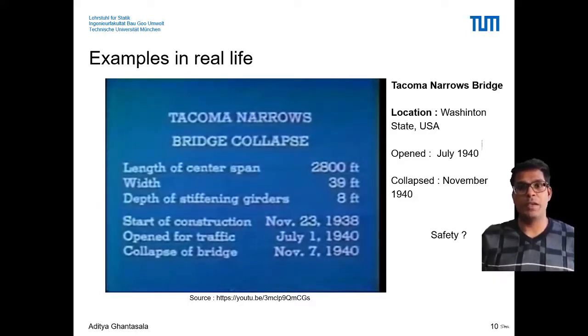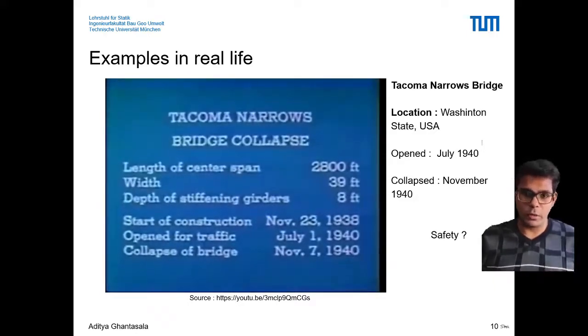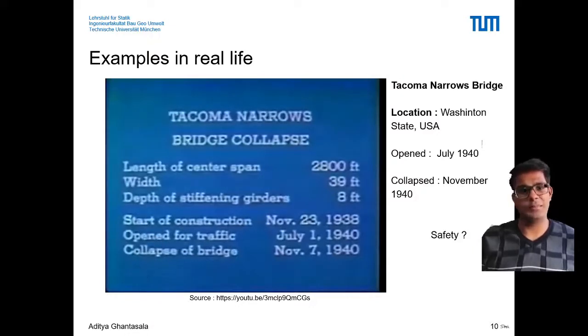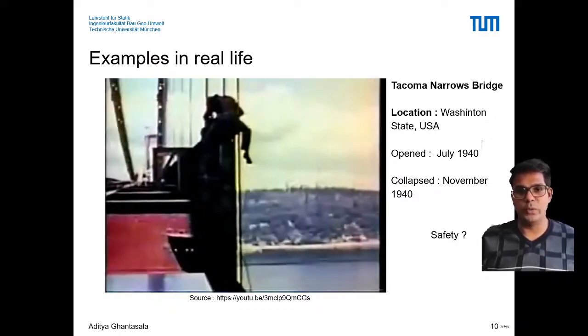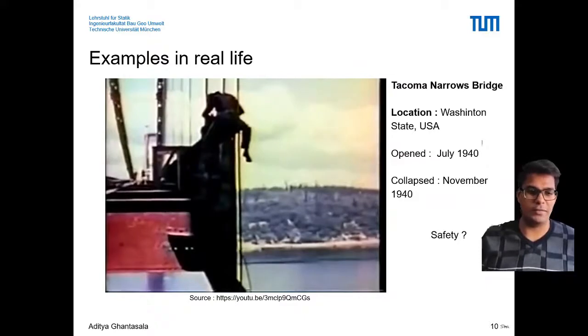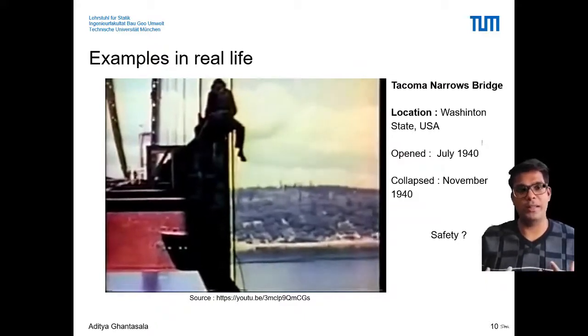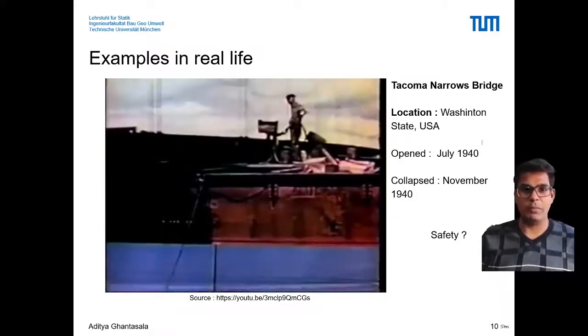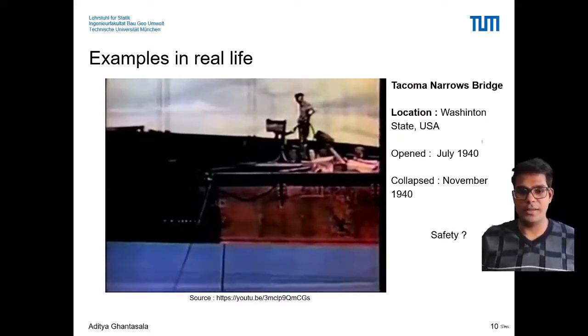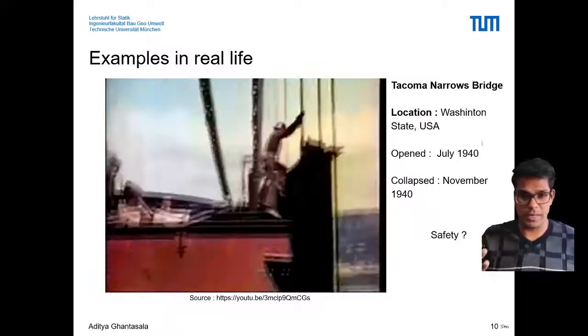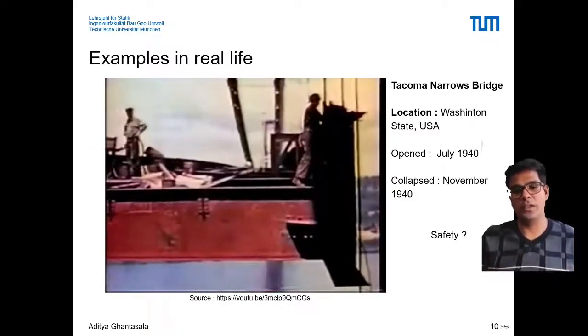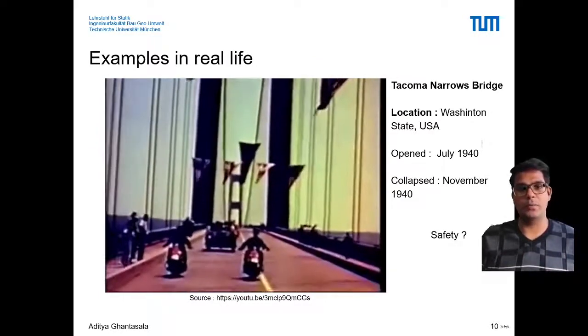The Tacoma Bridge opened to the general public in July of 1940, and was in operation until November 7th of 1940. What happened is that the engineers who built this bridge did not consider the wind that can push the bridge around, and the bridge started to react to the wind around it.